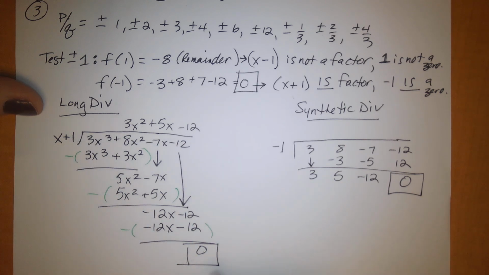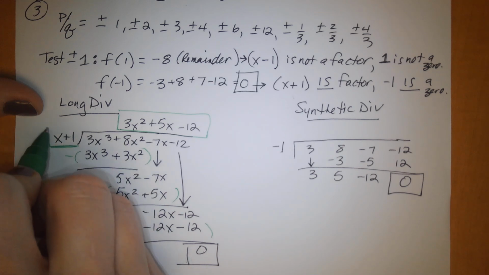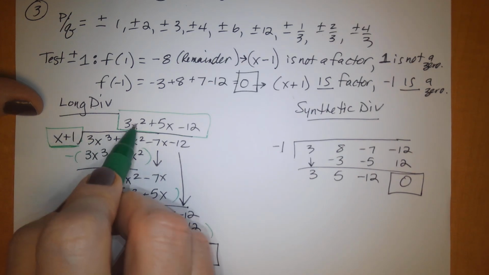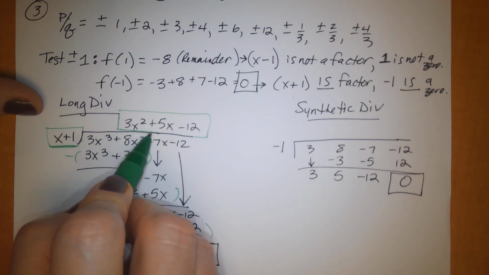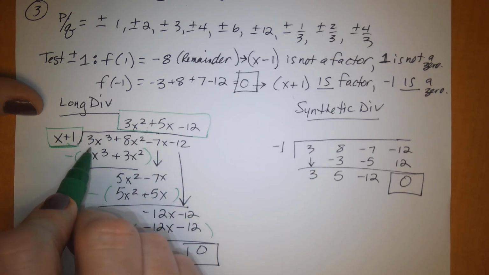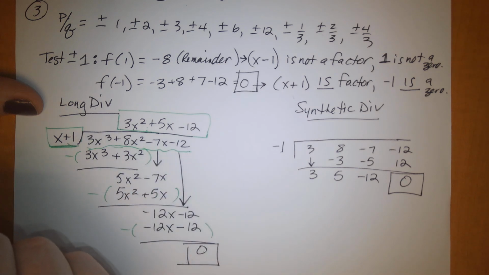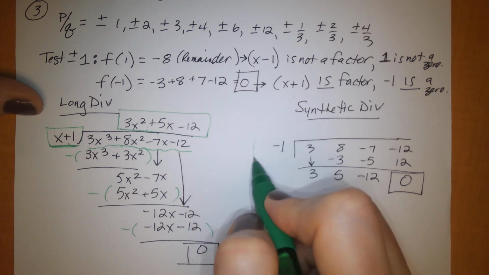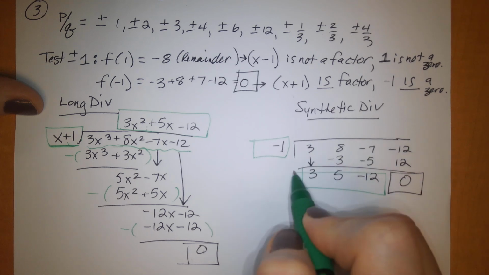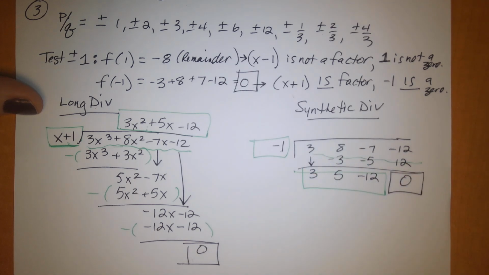So now that we've proven that the remainder is 0, the quotient that's left over, after I take this divisor out, is here. So in other words, the divisor times the quotient equals the polynomial we started with. Same thing here. The divisor times the quotient is going to equal the polynomial inside.